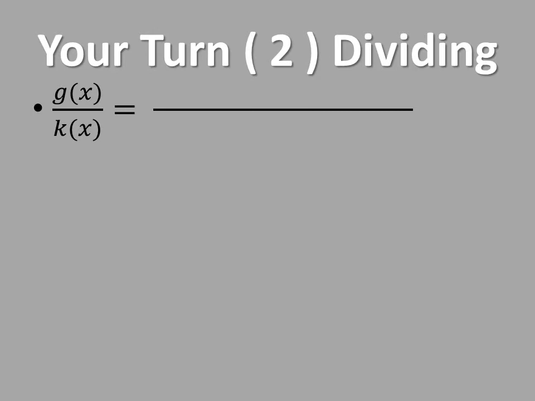Now again, we want to look for the smallest absolute value. Which term is the smallest absolute value? Did you pick 4? Good. What are the numbers that divide into 4 evenly?